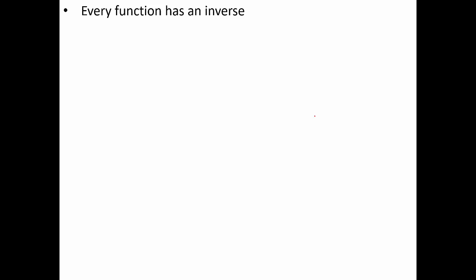Now, every function has an inverse. If you can put something in and get something out, you should be able to reverse that operation and work back to the original input. Every function has an inverse, but not every inverse is a function. If I plug in 1 and I get out 3, that doesn't mean if I plug in 3 into the inverse that 1 is going to be the only output.